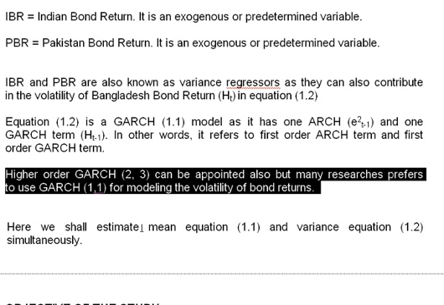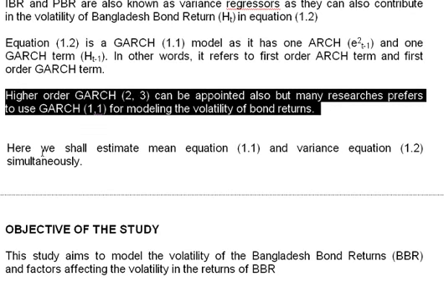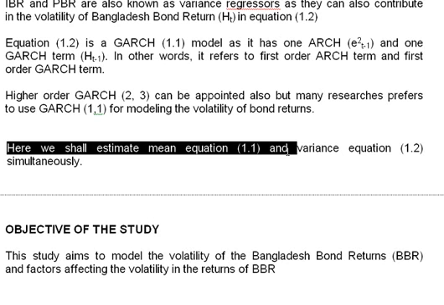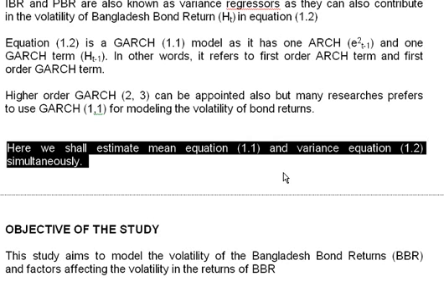So you can use a higher order GARCH model, but we have introduced the GARCH(1,1) model because it provides better results, and many people also suggest using it. And here we shall estimate the mean equation 1.1 and variance equation 1.2 simultaneously in the EViews environment.